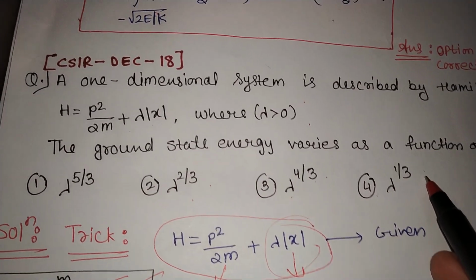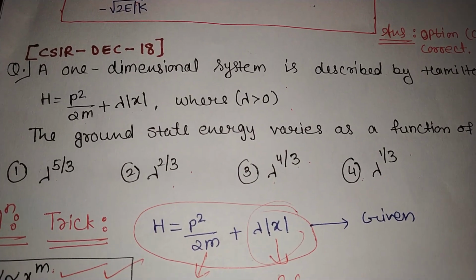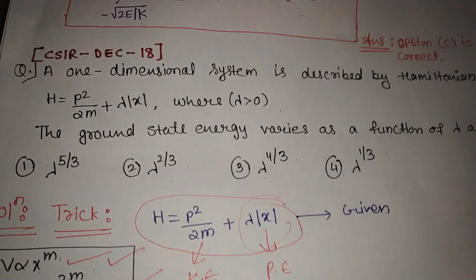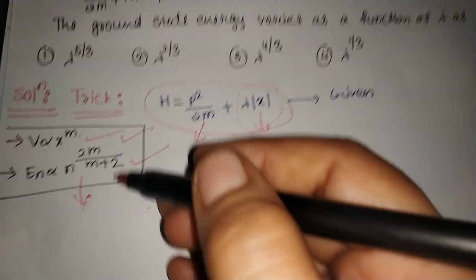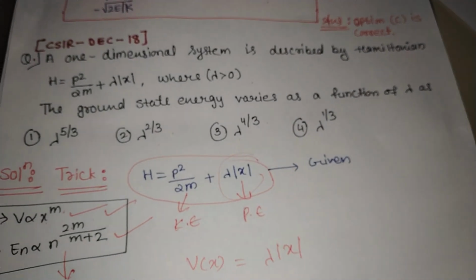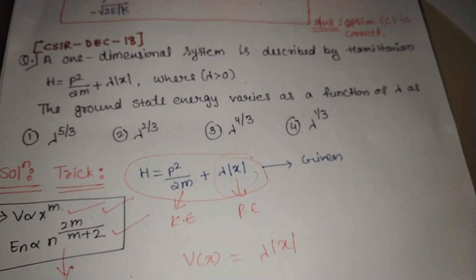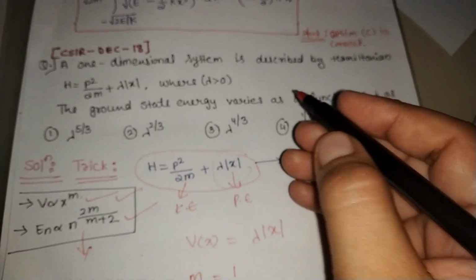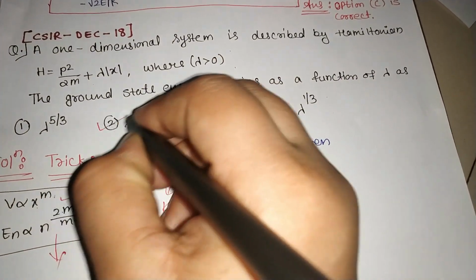So by using the trick method we can easily determine the power, and we don't have to do the long traditional method. From this, you can now easily understand which option is correct: option B is correct.